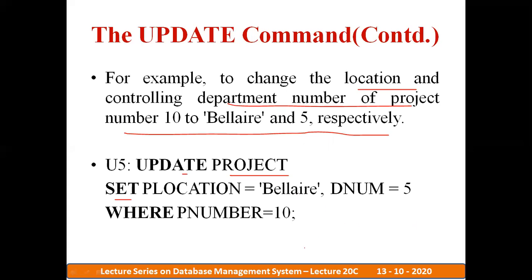And I'm changing the department number to 5. Which tuples am I going to choose for the update? Those whose project number is equal to 10. For that I'm going to change the project location to Bilere, and I'm going to change the department number to 5.